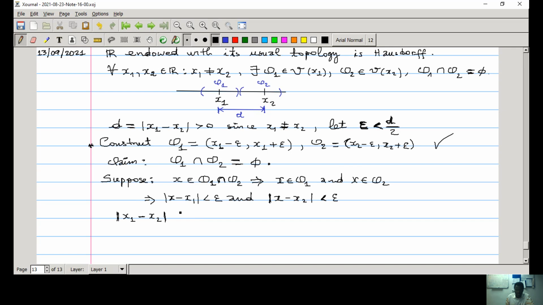Yes, I think so. But let's see. So what I'm saying is that the distance from x1 to x2 will be less than or equal to the distance from x1 to x plus the distance from x to x2. That is obvious.